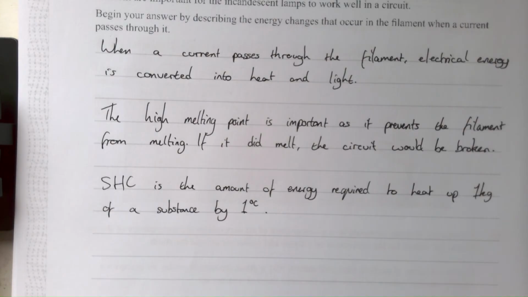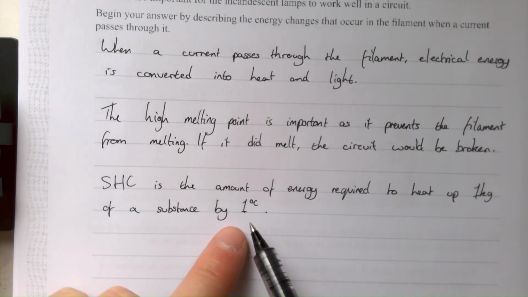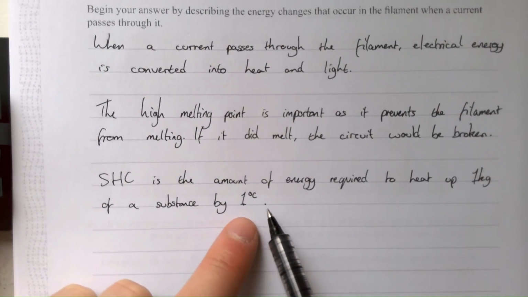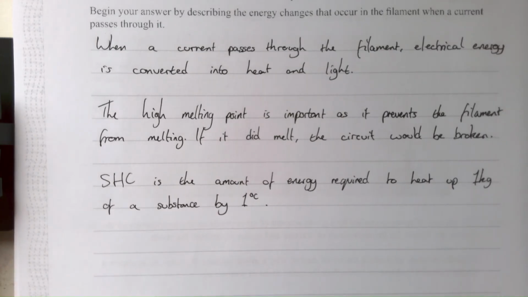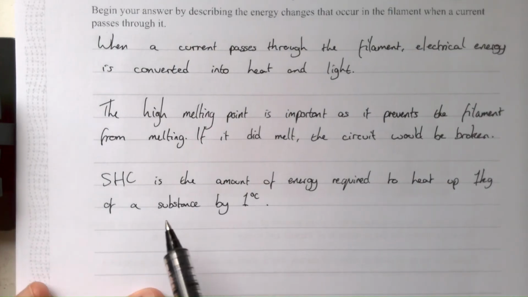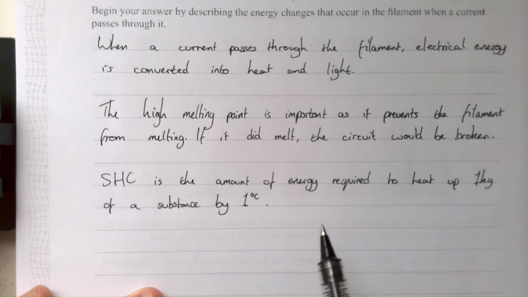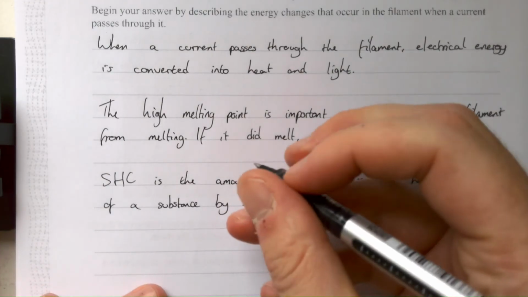What that means is, even if you only give it a small amount of electrical energy, the metal will still heat up. And the whole way that these light bulbs work is that the filament's made to be so hot that it starts to glow. It's glowing orange hot to begin with, and eventually white hot, which is why we have light bulbs the colour they are. So, SHC is the amount of energy required to heat up 1 kilogram of substance by 1 degree Celsius.